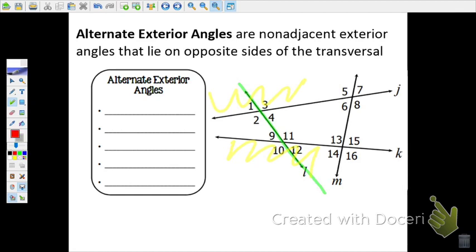So I see angle 1. What angle is an alternate exterior to angle 1? Angle 12. And then we have angle 3 and angle 10. Okay, alternate exterior.